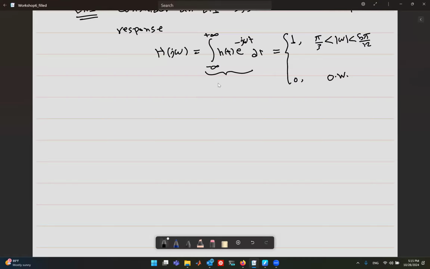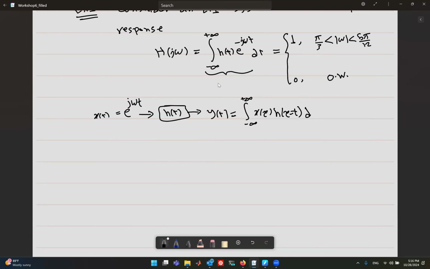This mainly arises when we have an input of this form to the system with an impulse response h(t), then y(t) will be a convolution between those two, which is the integral from minus infinity to plus infinity. Let's call this x(t). Then we rename the variable to τ, and we do the time reversal and shifting of h(t), and it becomes h(τ − t) dτ.